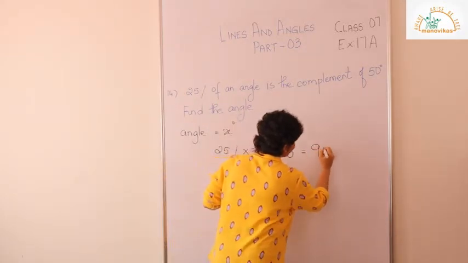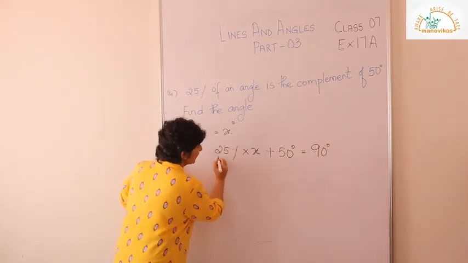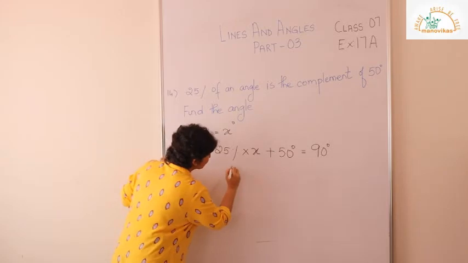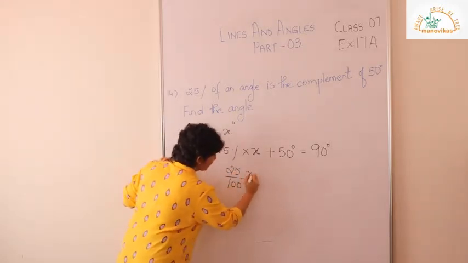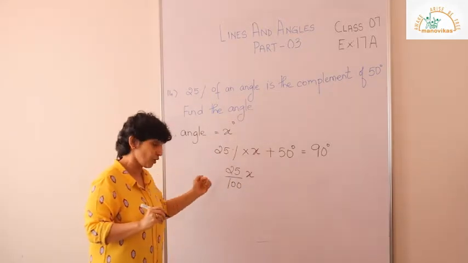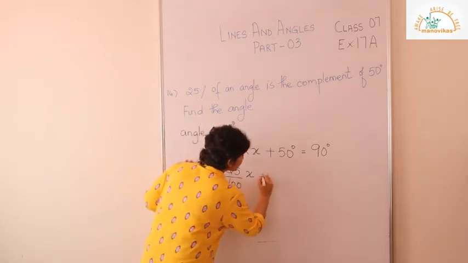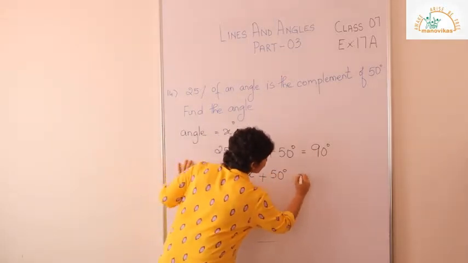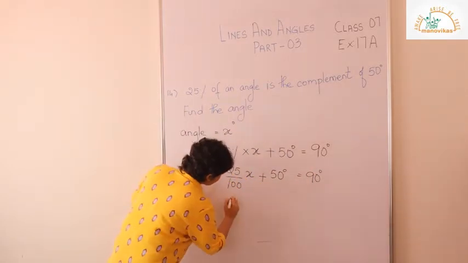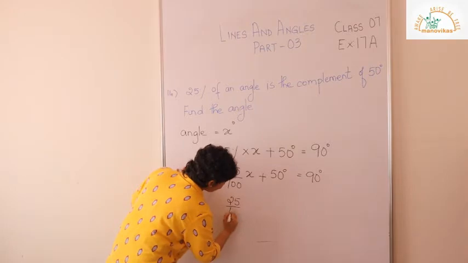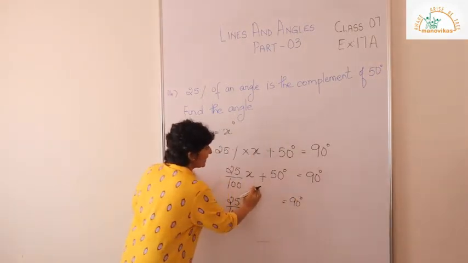Now let's proceed. 25% means 25 upon 100 into x. So we write 25x upon 100, or 25 upon 100 x, plus 50 is equal to 90 degrees, correct?